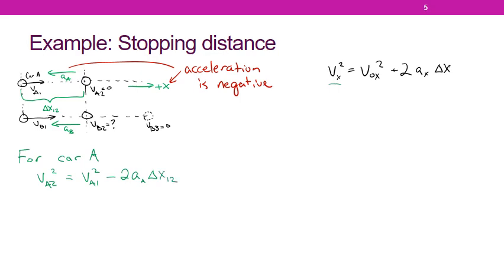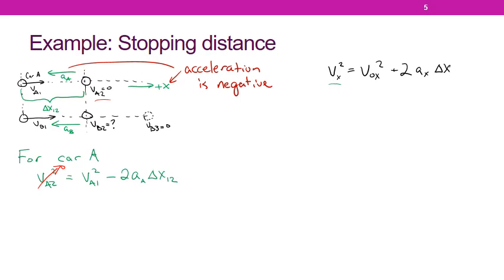Now, it's often useful to plug in your zeros because that'll make that variable drop out of an equation. But otherwise, I'm going to leave this as an algebraic expression so I can get an expression for x12 in terms of my other variables. So I look at this, my final velocity is 0. So that's going to go away. And I'm going to solve this equation now for x12.